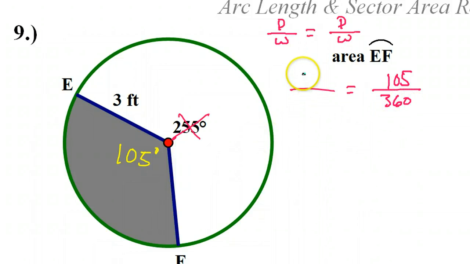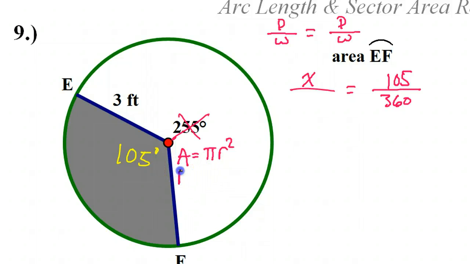Over here we're doing partial area over the total area. The partial area is what we're looking for, so I'm just going to call that x. The total area is the area of the whole circle. We can use our little formula: pi r squared is the area of the whole circle.